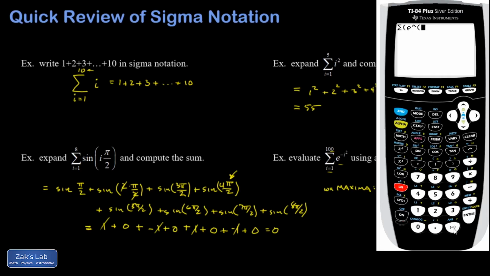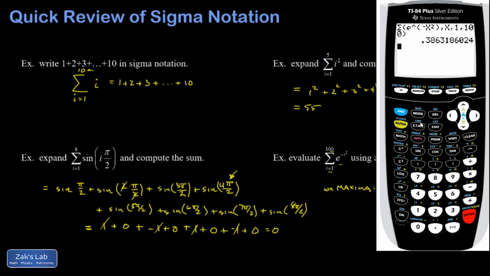So e to the negative, and then I'll hit the variable key, so x squared, comma, as x goes from 1 to 100. So we're just using x's instead of i's. Parentheses, hit the enter key, and I get the same approximation, 0.386.